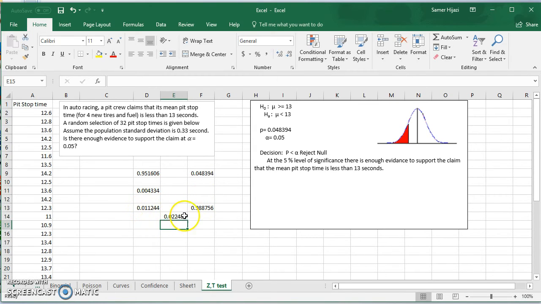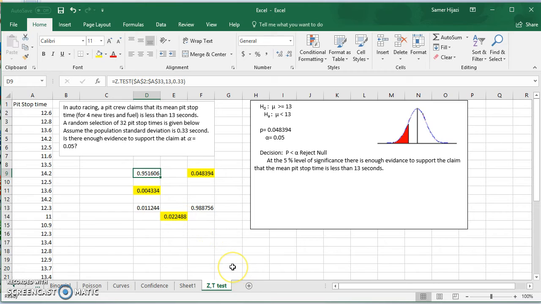It takes the minimum of these two, and we multiply it by 2 because I'm doing a two-tailed test, which means I need both p-values in the diagram. So this is for the left tail, this is for the right tail, and this is for the two-tail.